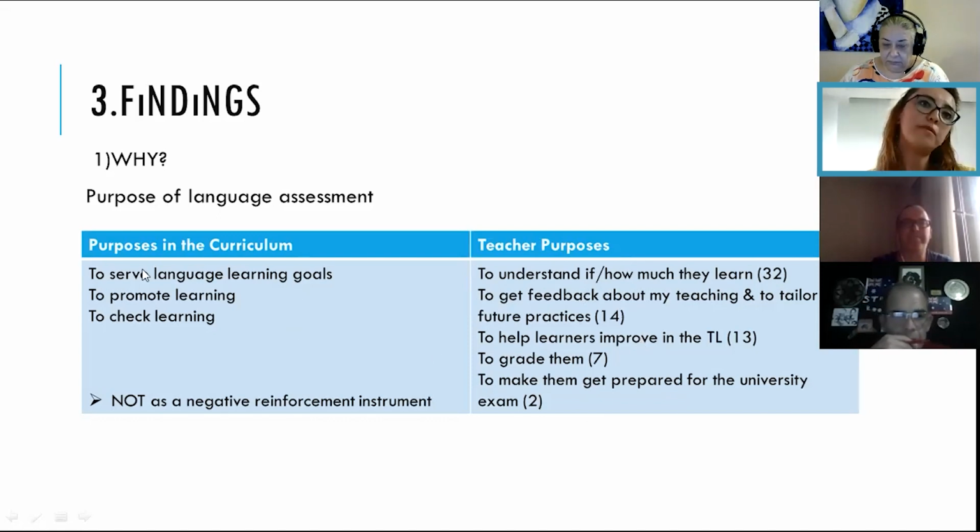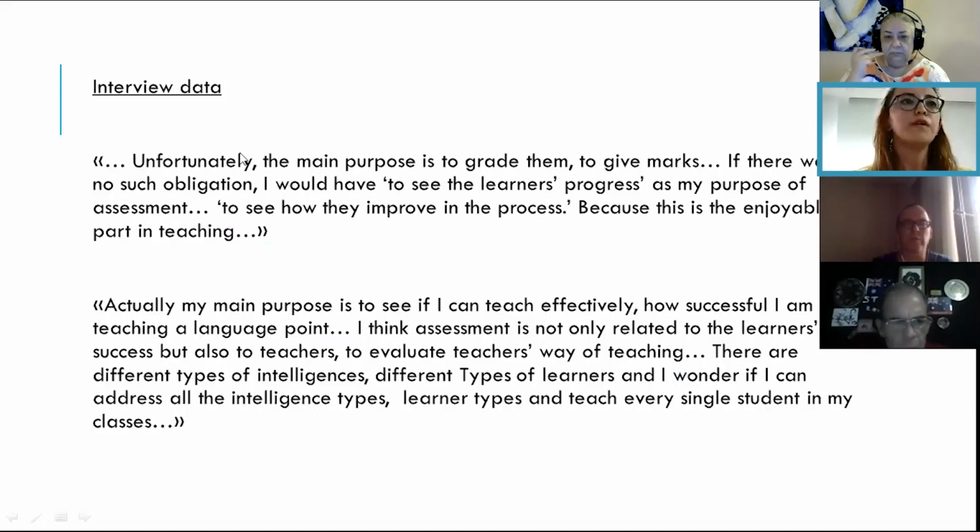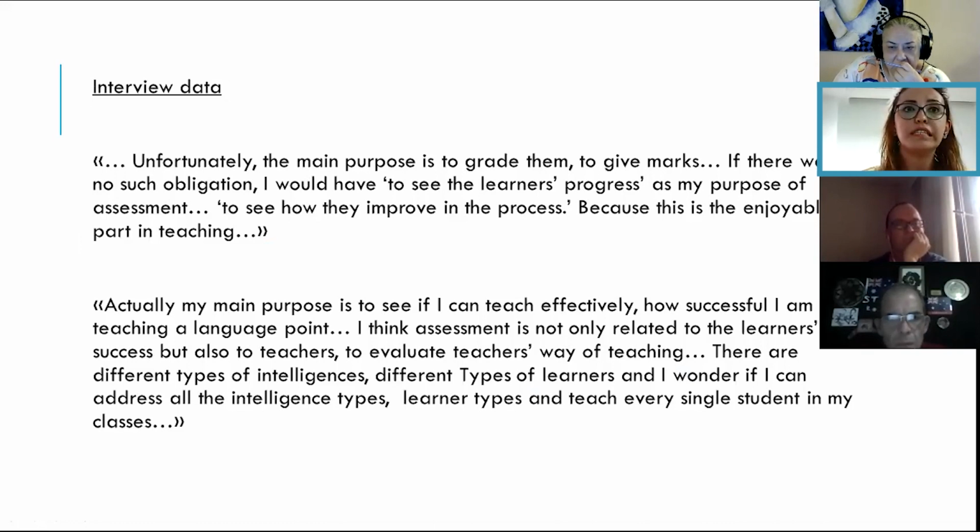When we look at the purposes in the curriculum, to serve language learning goals, to promote learning, and to check learning were all recommended in the curriculum. And if you remember, not as a negative reinforcement instrument. These were self-report data. When I look at the interview data, what teachers told me about their purposes, for example, one of the teachers told that, unfortunately, the main purpose is to grade them, to give marks.